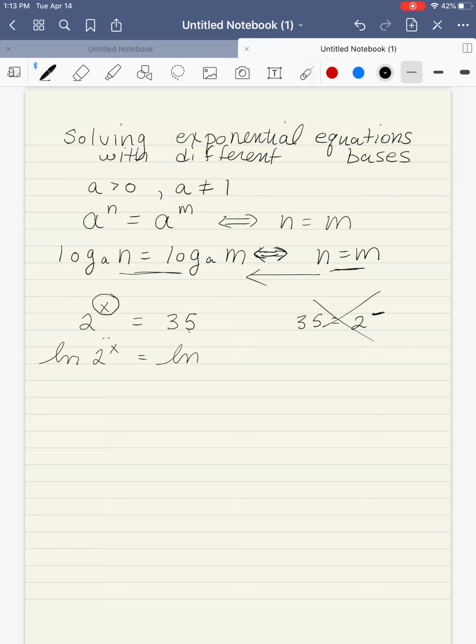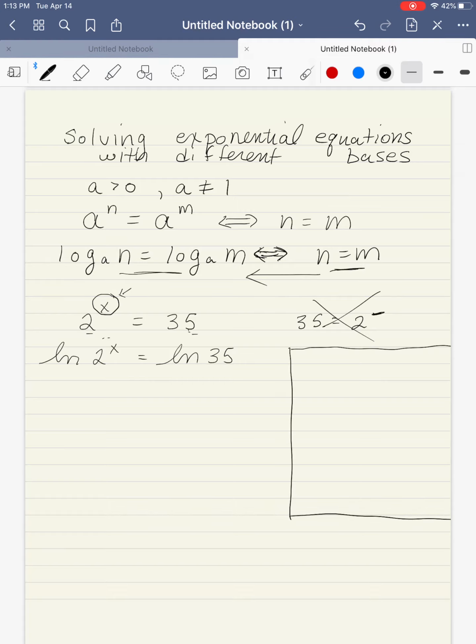So if we have the original equation 2 to the x power equals 35, I recognize that it is an exponential equation because the x is in the exponent. I check to see if I can get the same base, which I cannot. So now I take the natural logarithm of both sides of the equation.